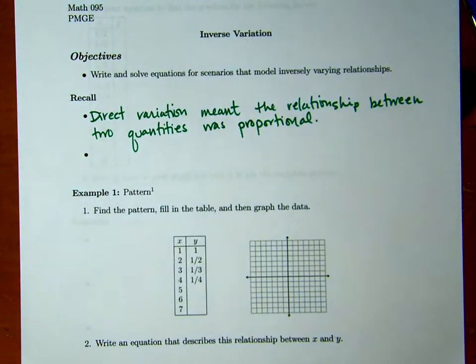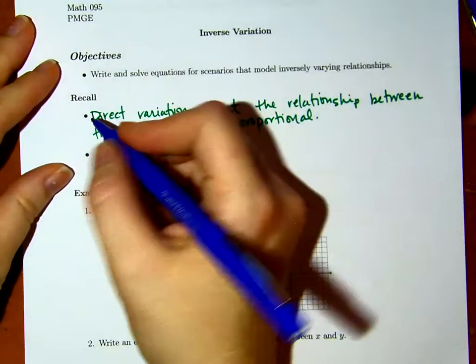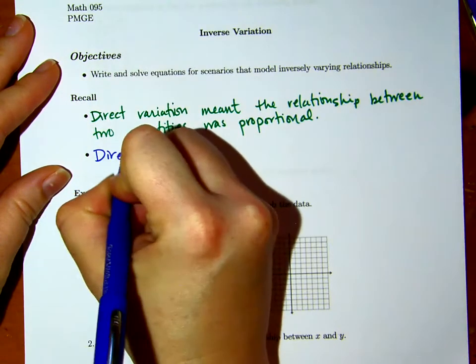And when that happened, we could make a linear model for it, and that linear model, let's write that down to remember it.